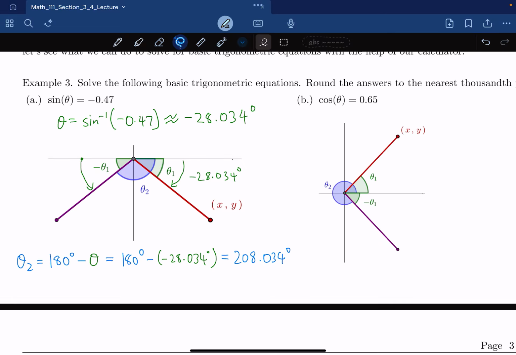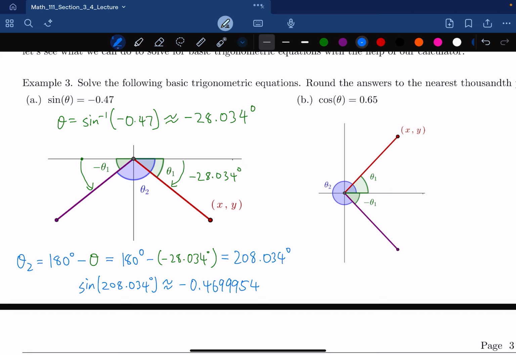Now you should always double check. When I say double check, I mean plug that result into the calculator. Go ahead and try that on your own. But if you did it, then sine of 208.034 degrees is approximately, I'll write a few more digits than necessary, but on the calculator it shows me negative 0.469994.